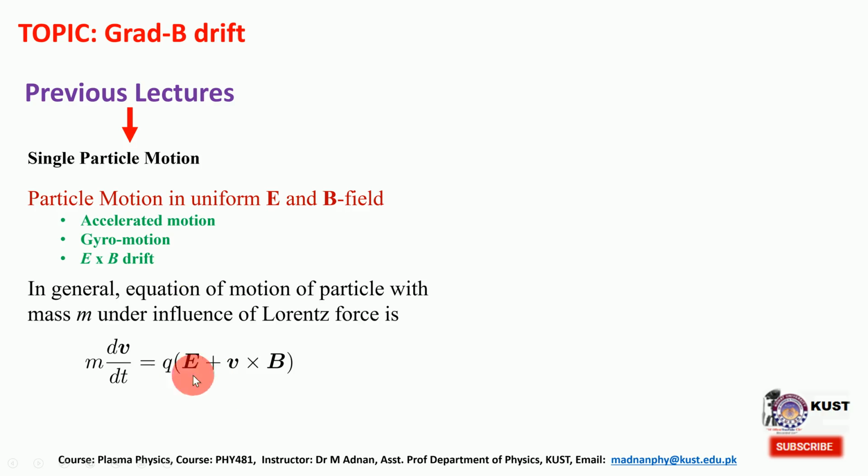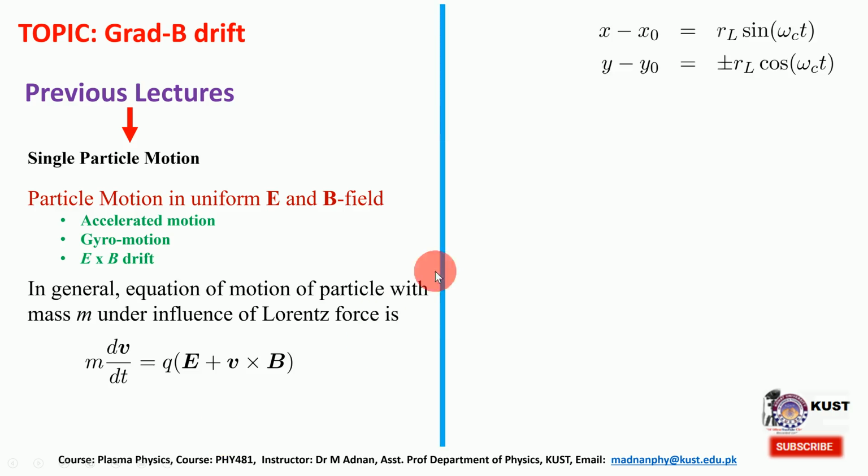And also we have discussed the E and B field applied simultaneously such that E is perpendicular to B, and also there is a component of electric field along this magnetic field so that the charged particle will move in a helical path. So we have discussed these trajectories, that is the X and the Y.